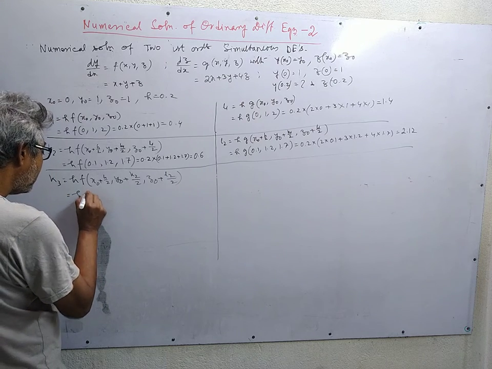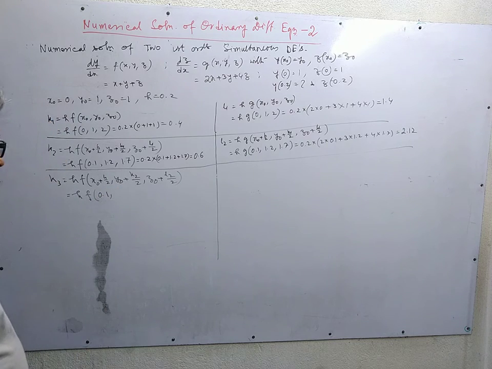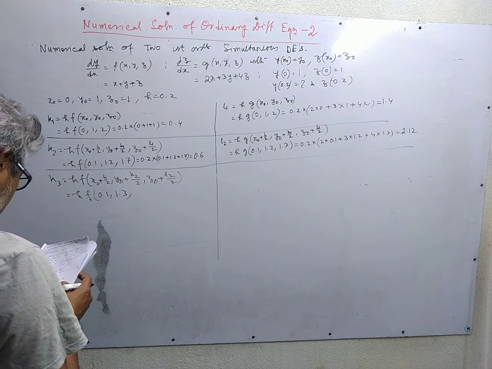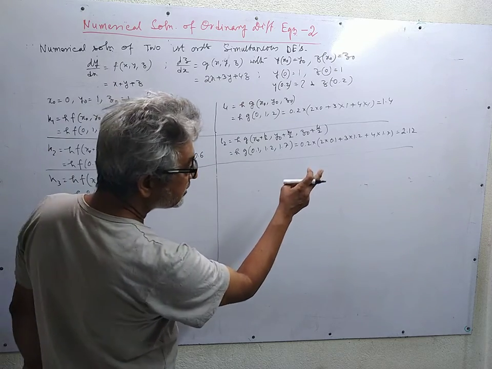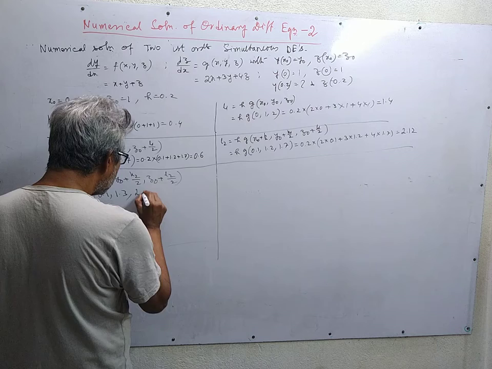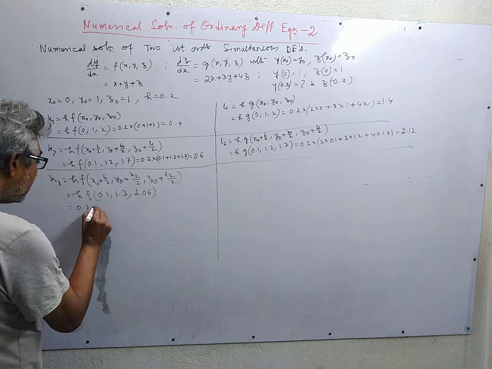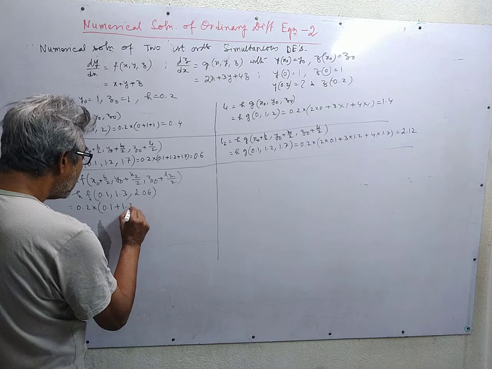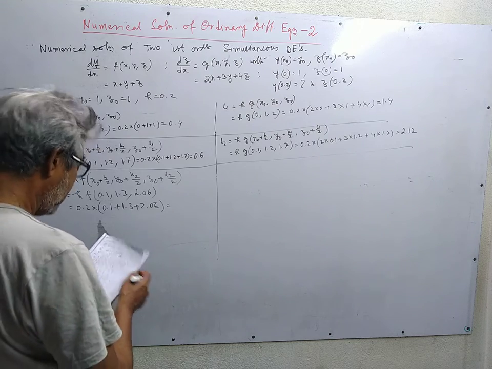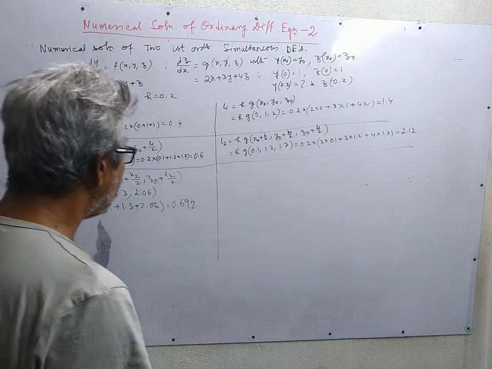So this is f, this is 0.1, y0 is 1 and k2 is this, so this part is 1.3, and this is 1, L2 by 2 is 1.06, so this is 2.06, and 0.692. 0.692 is the value of K3.